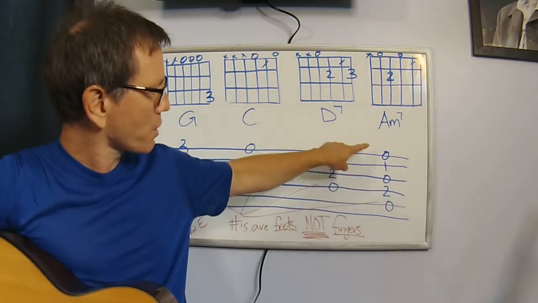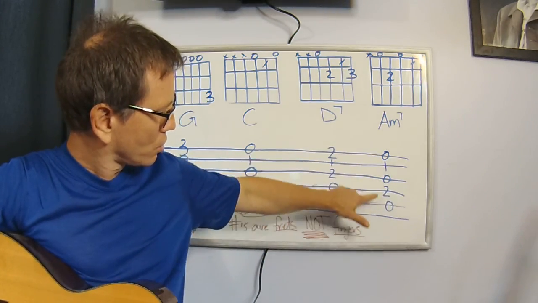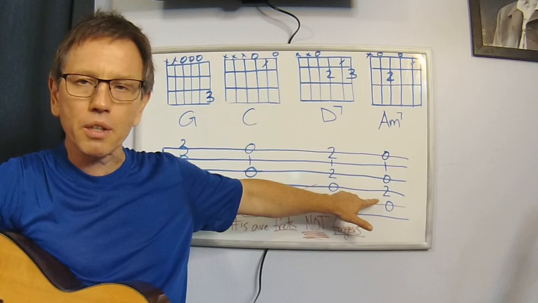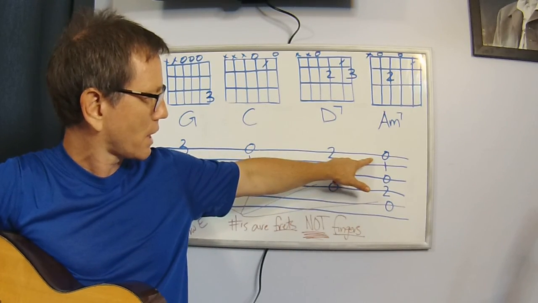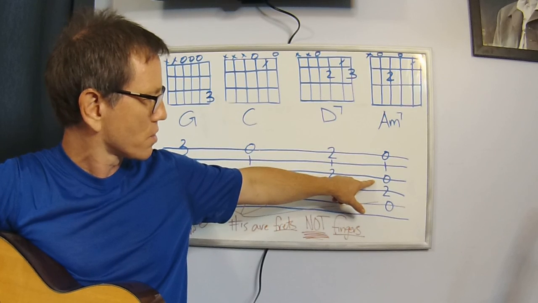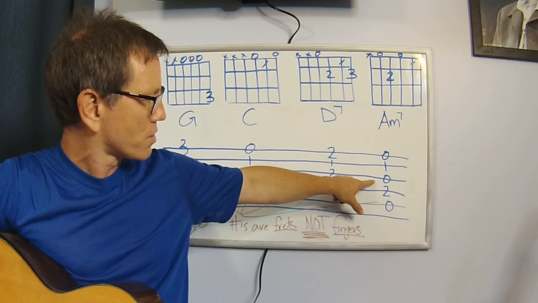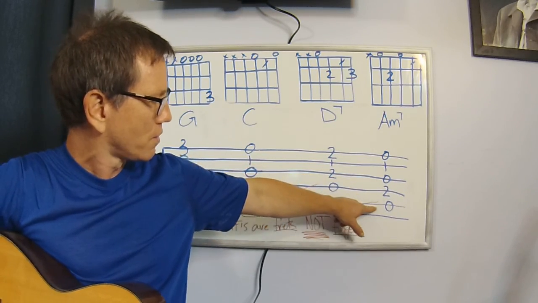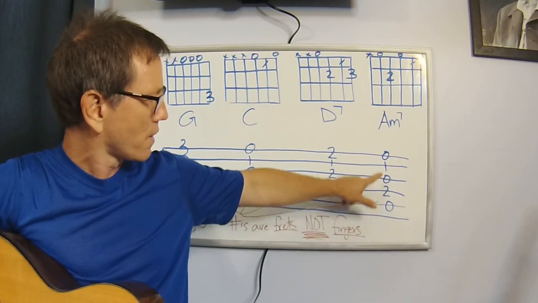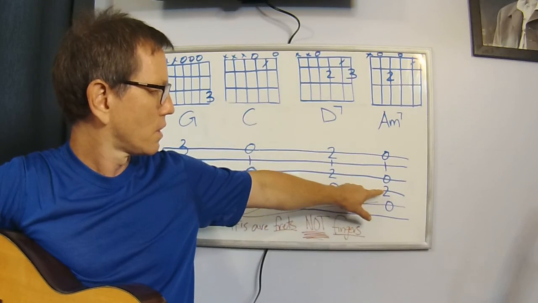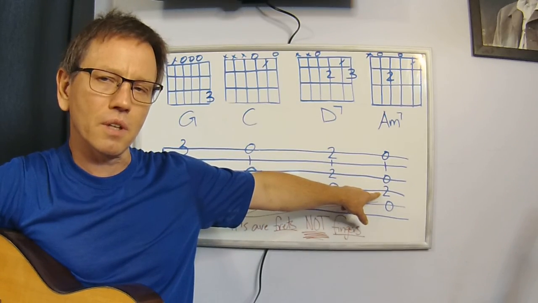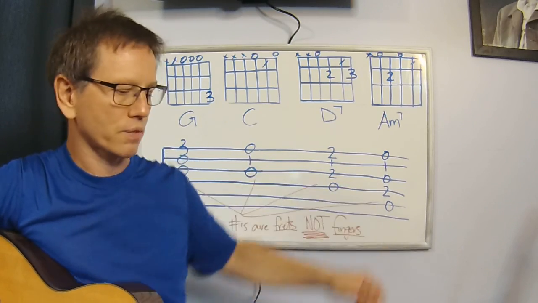If we jump over to this A minor 7, we will be concerned with playing 5 strings. The thin string, the high E, is open, it's a 0. The 3rd string is open, another 0. The 5th string is open, another 0. 1st fret on the 2nd string, 2nd fret on the 4th string.